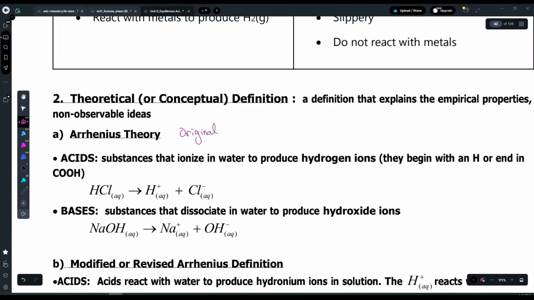Okay, so the key distinguisher with reactions that explain Arrhenius theory is that the acids and bases, they are by themselves, they're not reacting with anything.